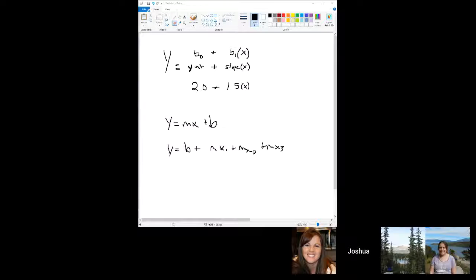Okay, so we're going to use one of the quantitative ones. Make a scatter plot for the math self-efficacy data.